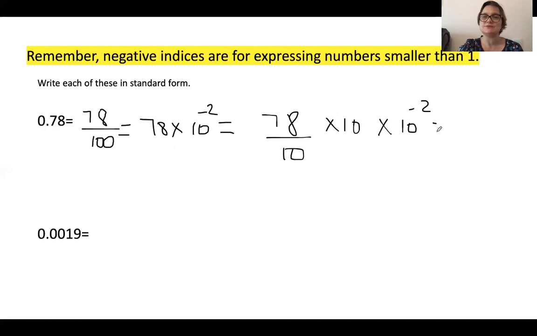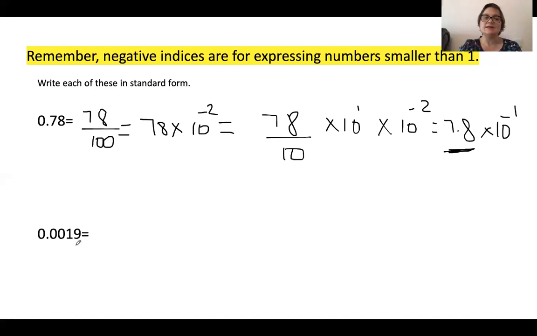So the first one is going to be 7.8 times 10 to the power of 1 times 10 to the power of minus 2. If you add the indices, 1 plus minus 2, we have times 10 to the power of minus 1. So 7.8 times 10 to the power of minus 1. And as you notice, can you see the a here? It is bigger than 1, smaller than 10.